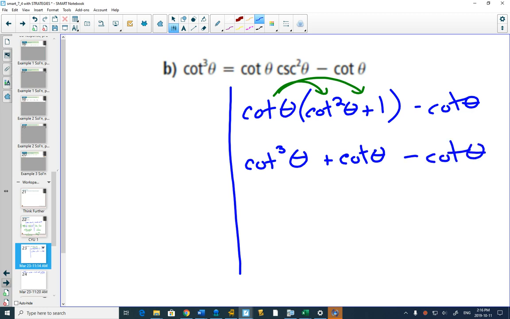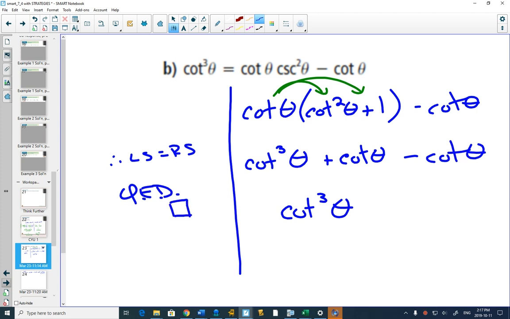Oh, this works out really nicely. What's cotangent theta minus cotangent theta? Nothing. And we get cotangent cubed theta. Our left side is equal to our right side. So in this question, I decided not to change things to cos and sine.